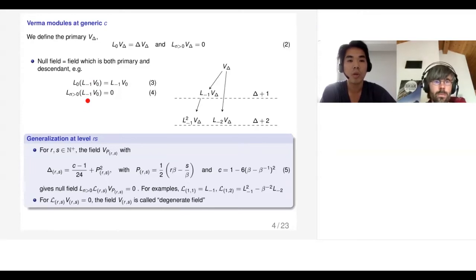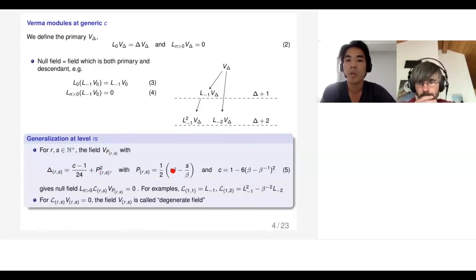And one can find this null field at higher level, for instance, at level R times S, by considering this primary field, V_{P_RS} here, which comes with this conformal dimension. And see, here's again the central charge. And I'm labeling the field here with a new parameter called the momentum.